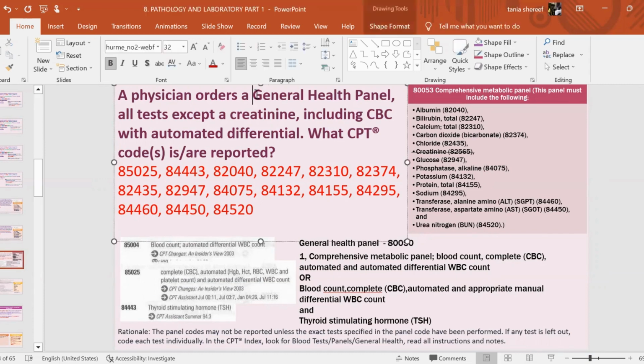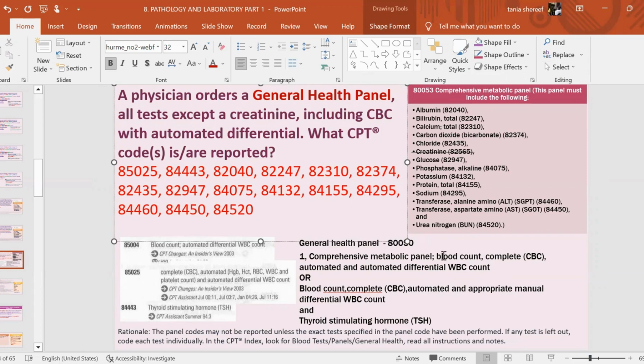So in the question, this is a general health panel. So what is a general health panel? Comprehensive metabolic panel, a blood count, complete CBC and WBC, or CBC automated and appropriate manual differential WBC count, plus TSH. So with the comprehensive metabolic panel, we should also report TSH separately as well as the blood count.